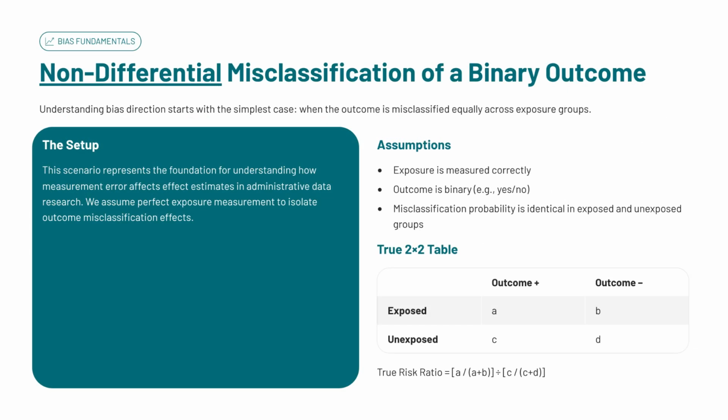Here is the setup. We assume the exposure is measured correctly and the outcome is binary. We also assume the misclassification probability is the same in the treatment and control groups. The true 2x2 table is shown with counts A, B, C, and D. The true risk ratio compares the risk in the treatment group to the risk in the control group.